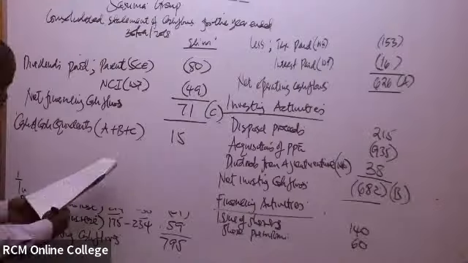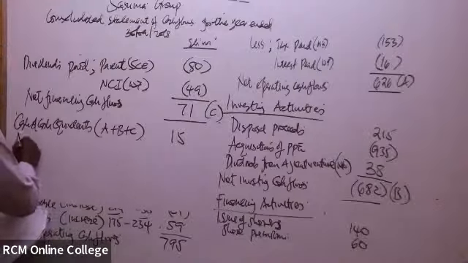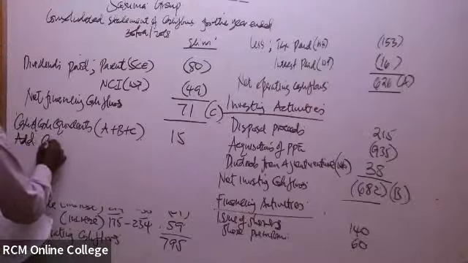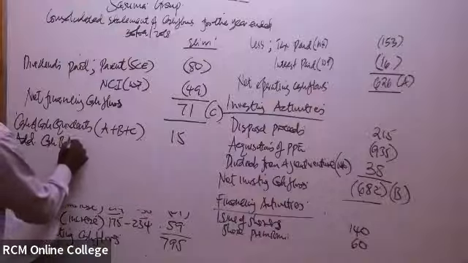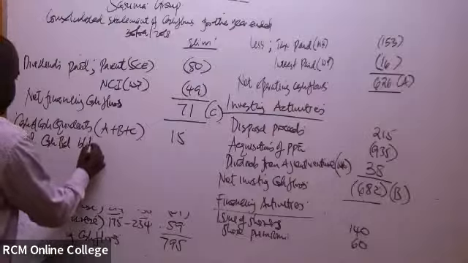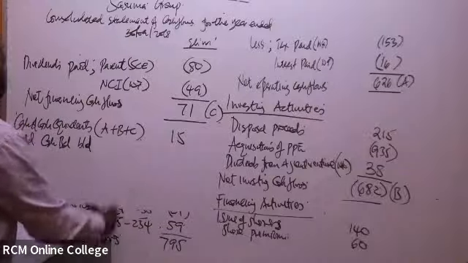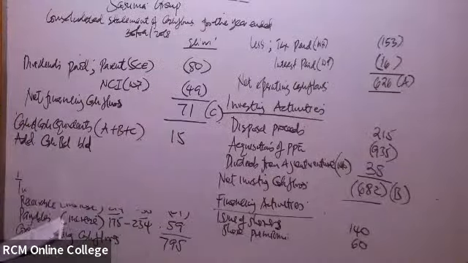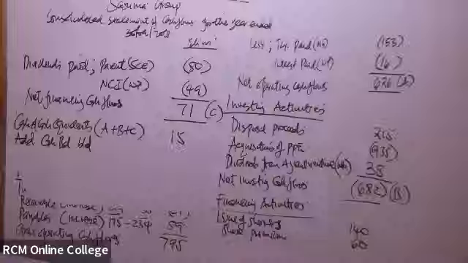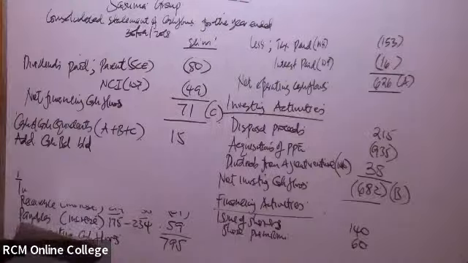Then in this case, you add the cash balance at the start of the year. Add the cash balance brought down at the start. How much is the cash balance brought down at the start of the year?